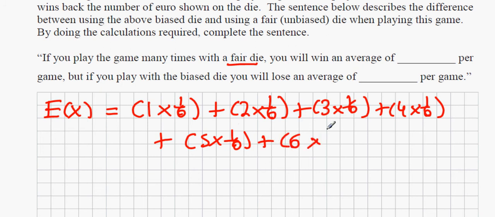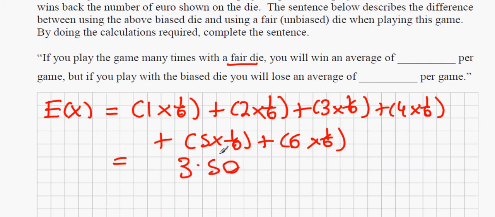And then once we put these into the calculator, just put it all in, what you should get is 4 plus 5 over 6 plus 1, and what you get is 3.5. So the average for the fair dice is €3.50.